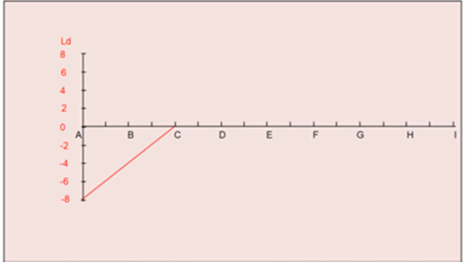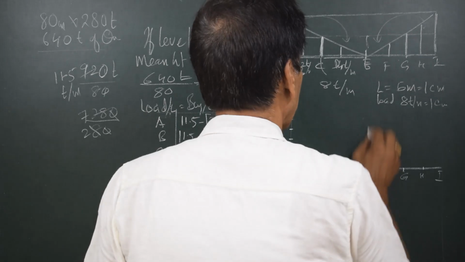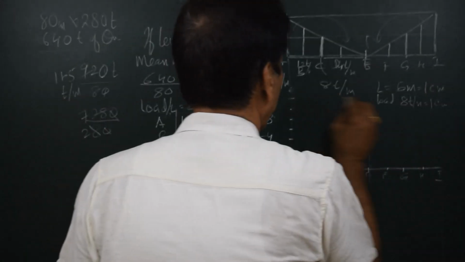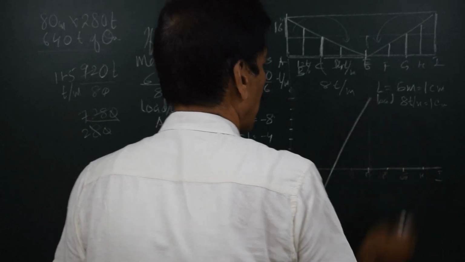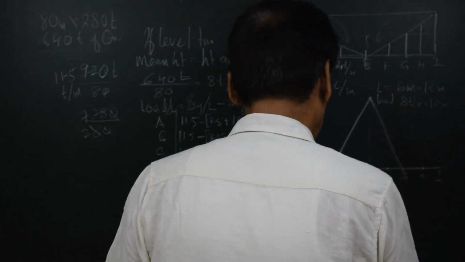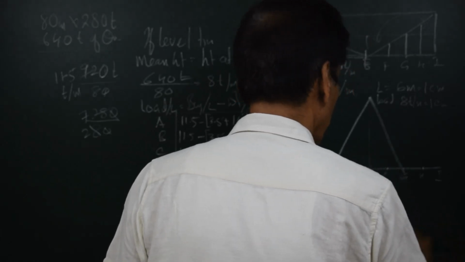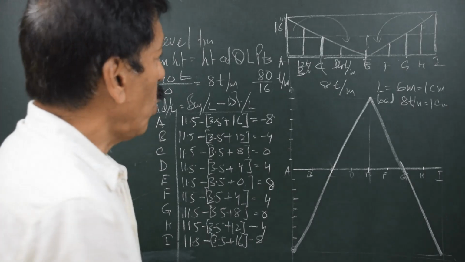I start from here and you can see that at C it is 0 and it is becoming maximum at E. So it would continue traveling like this, and on this side also a straight line, and it is going to reach this point. So you can see the load curve.